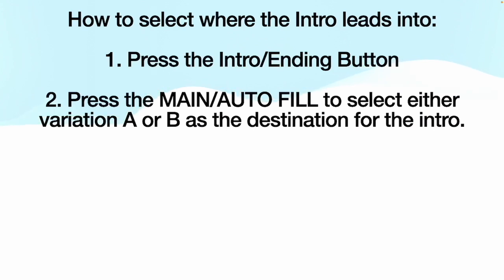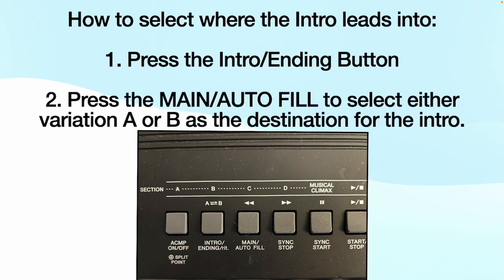So how do you select where the introduction leads into? First, you press the intro/ending button, and it will just sit there waiting for you to press one of the keys. And then second, you will press the main/auto-fill button to select either variation A or B as the destination for the intro.